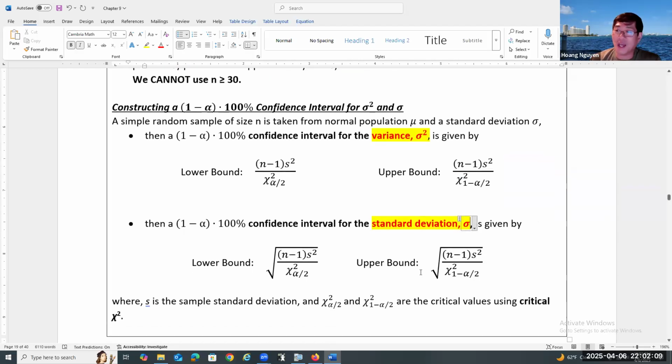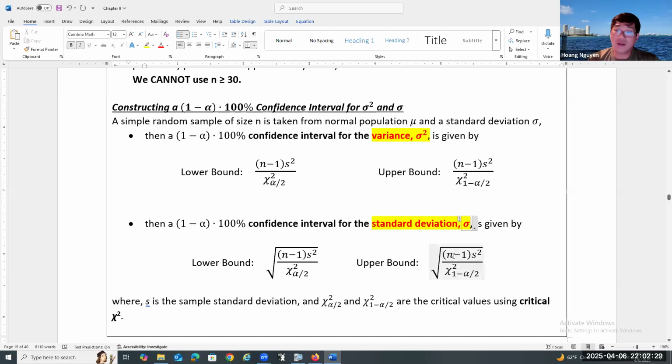The difference is we use the square root. So for the lower bound, we get the square root of n minus 1 times s squared divided by chi-square of alpha over 2. For the upper bound, we do a similar calculation: the square root of n minus 1 times s squared divided by chi-square of 1 minus alpha over 2.